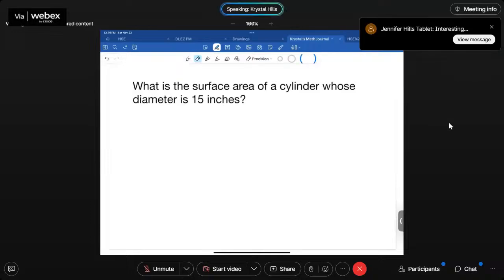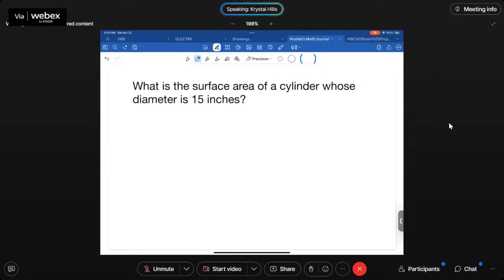Great job, y'all. You saw the missing link. We cannot solve this if we don't have a height. It only gives us the diameter. But you had to go to your formula sheet and see what is the formula to find the surface area of a cylinder.